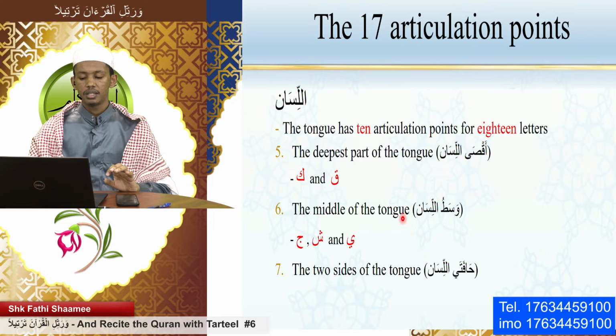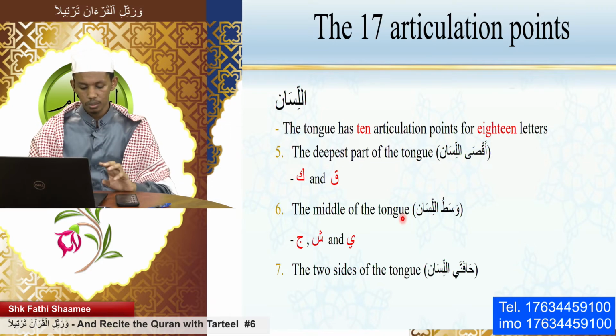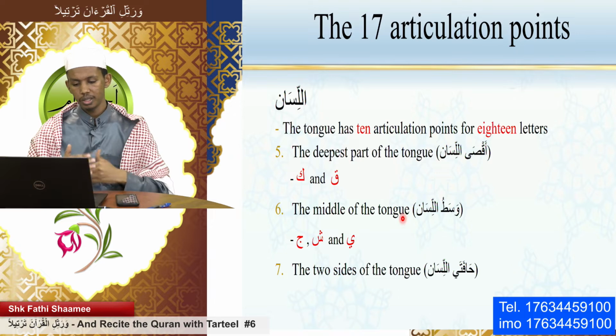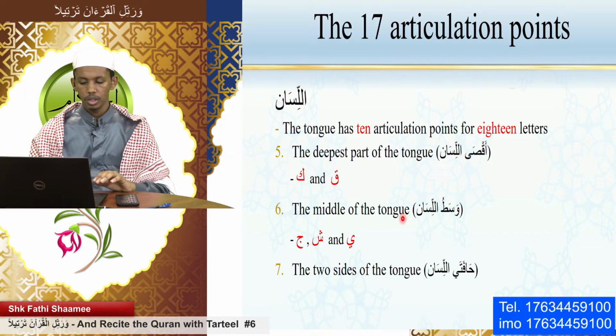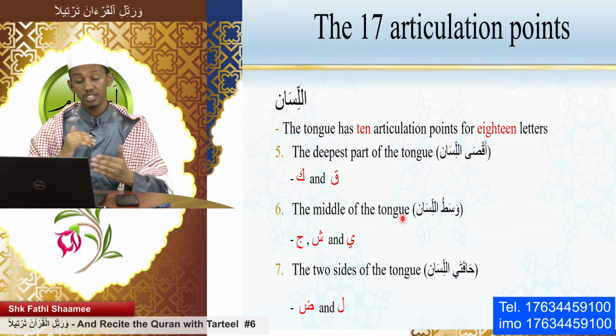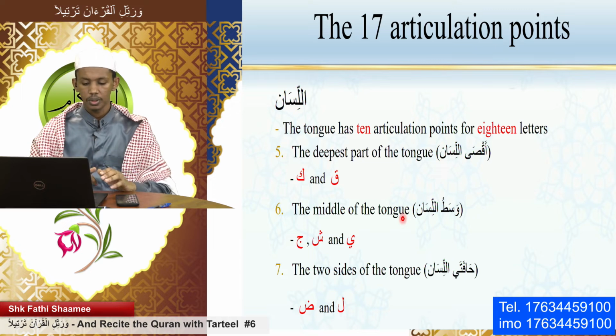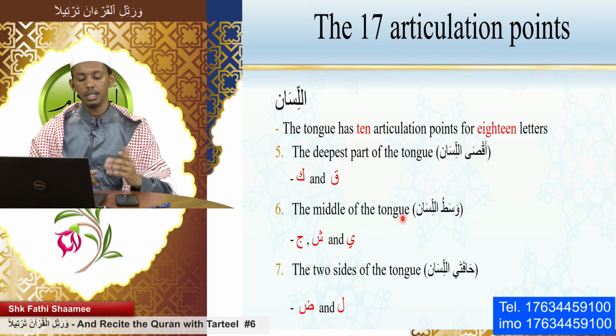So hafatay lisan, the 2 sides of the tongue. We'll count this actually as 2 articulation points, because depending on which part of the tongue you use, these 2 letters utilize different areas of the 2 sides of the tongue. So the 2 letters are dad and lam.